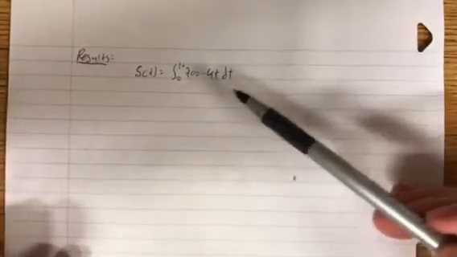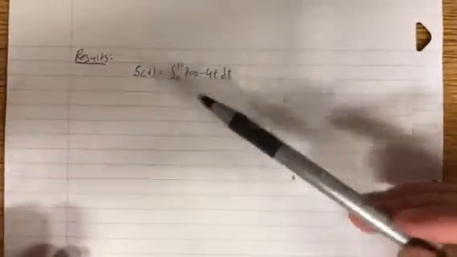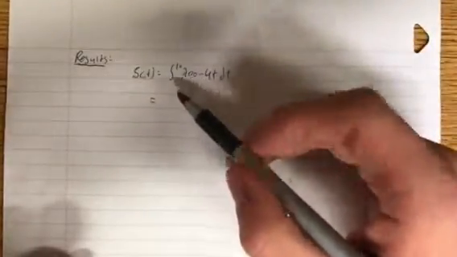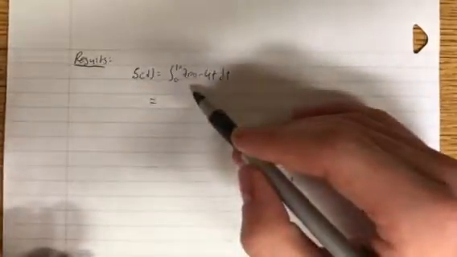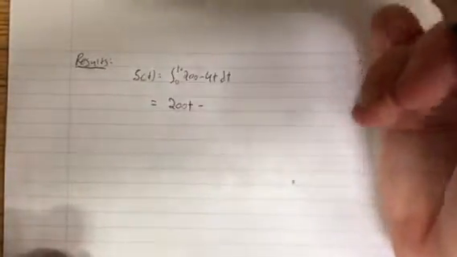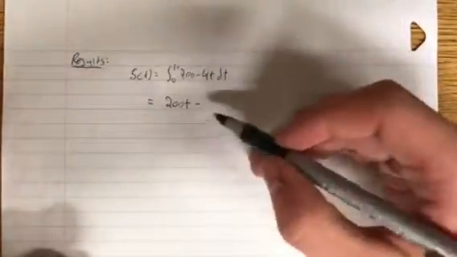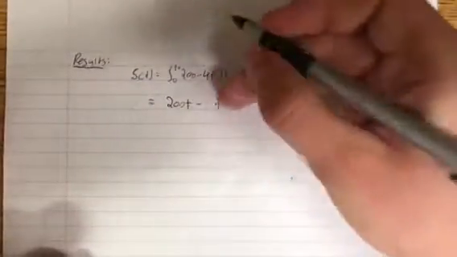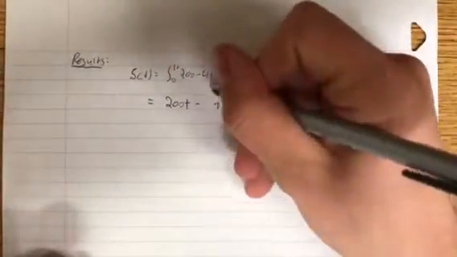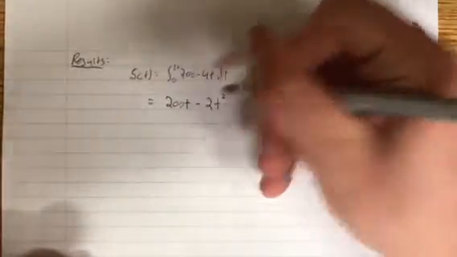All we're going to do is use simple antiderivative rules to find the integral of this function. We know that the integral of a constant is just that constant times the variable, so in this case that'd be 200t. We also know that the integral of 4t is t squared times 4 divided by 2, which is 2t squared.